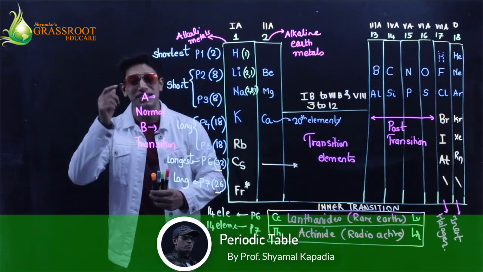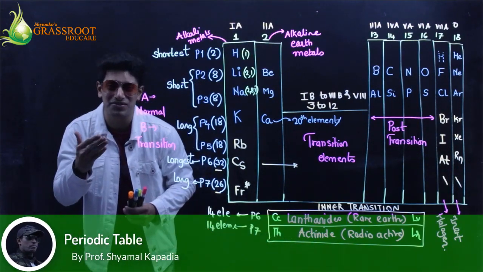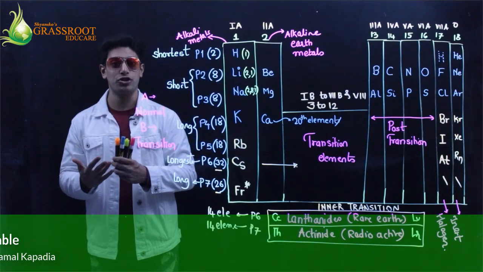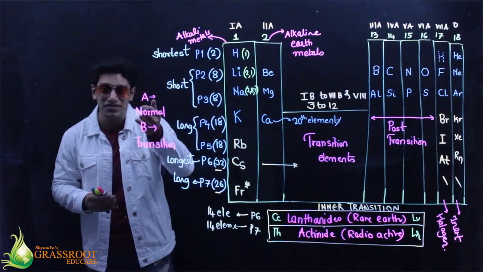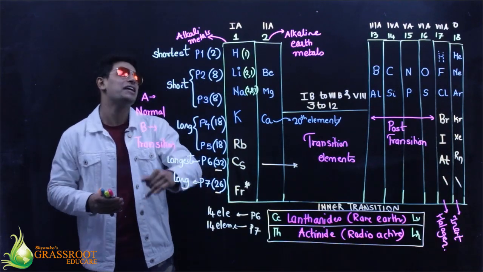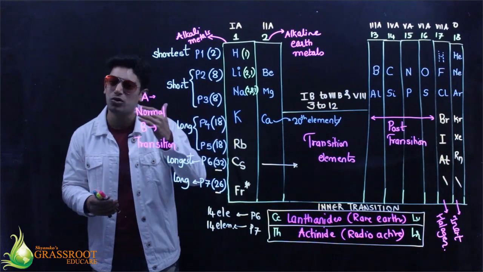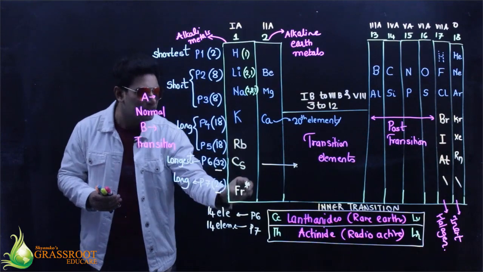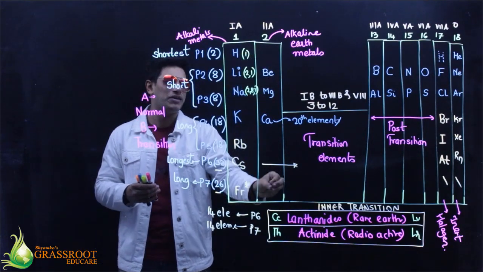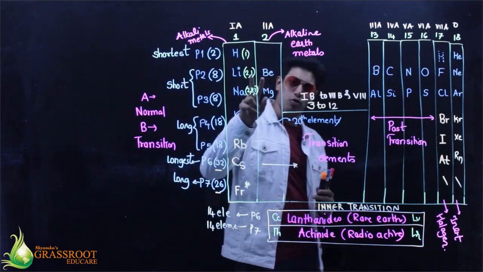It is a reducing agent because it gives an electron to someone else, so it undergoes oxidation. So these are all the properties of alkali metals and also alkaline earth metals, the same properties, because they both are metals.